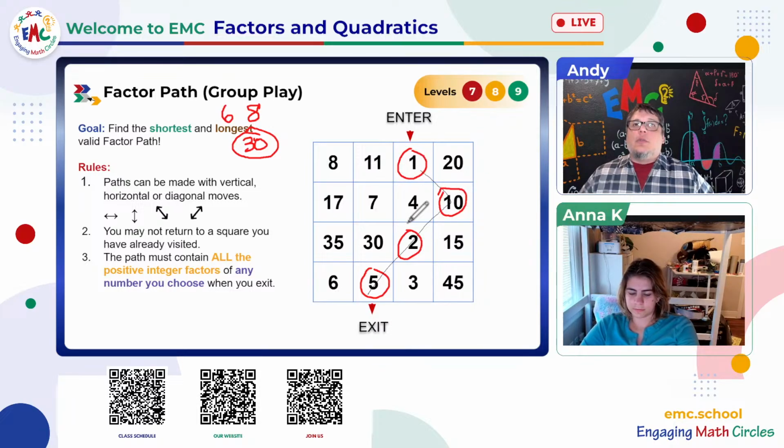Yeah, exactly. 1 times 10 or 2 times 5 gives 10. So the shortest path was 4. There is another shortest path. Can you see it? Yes, 7 and 35. 5 times 7 is 35, and they're both prime. Awesome.